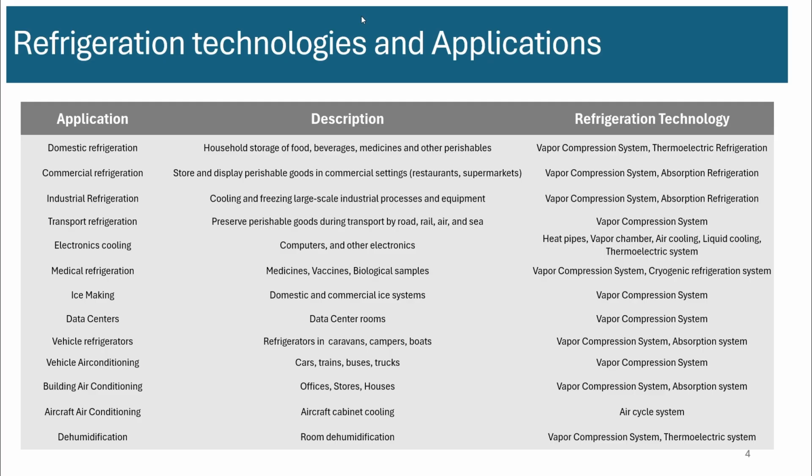So if you look at majority of these applications, you'll see that there are several different technologies, but the most common, I would say about 90% of the time, the technology that's used for cooling is the vapor compression system. The applications of other technology are minuscule compared to how much vapor compression systems are out there.